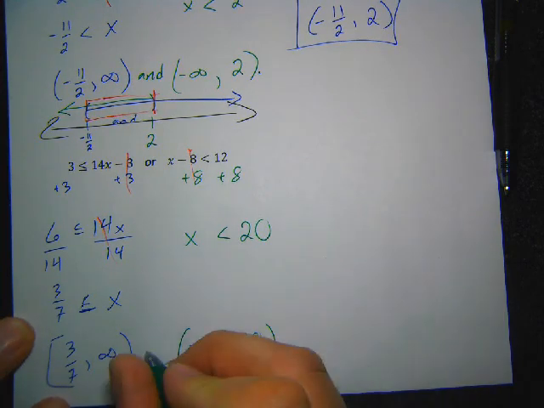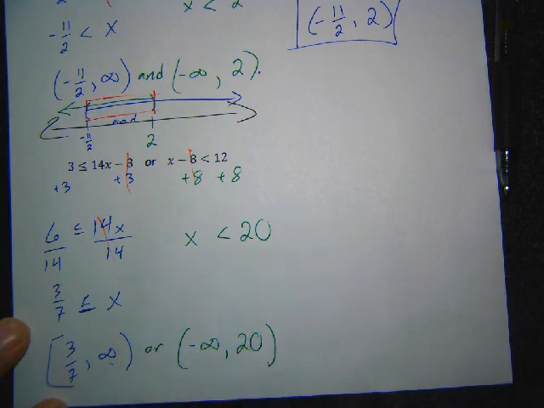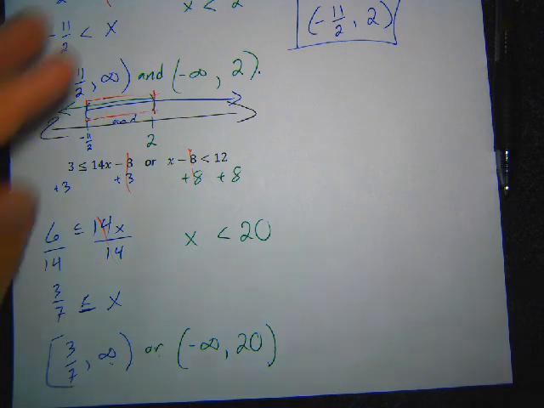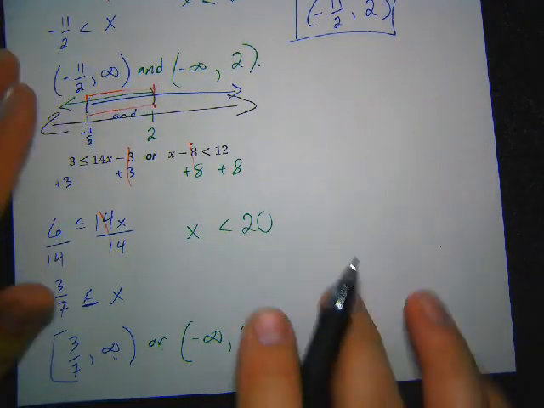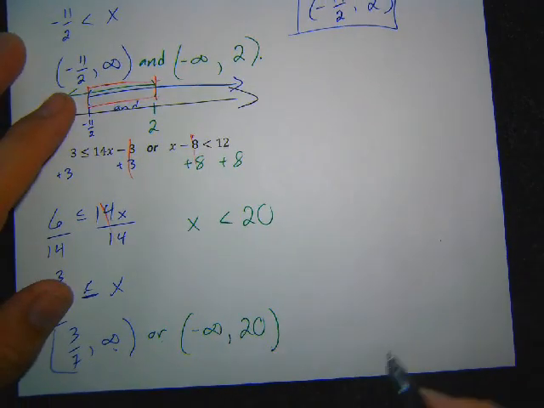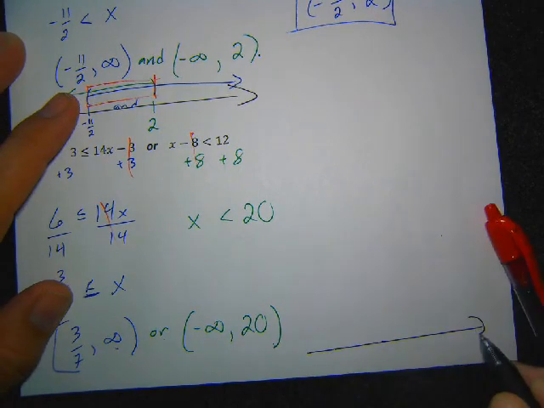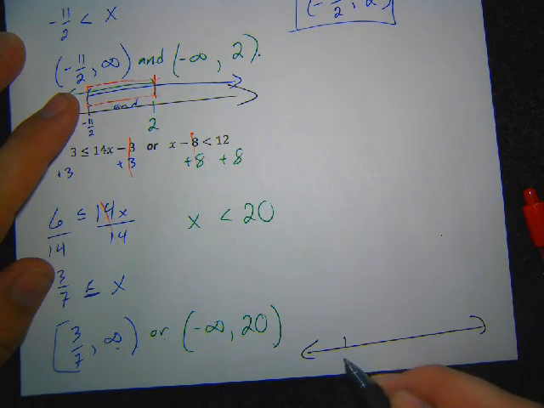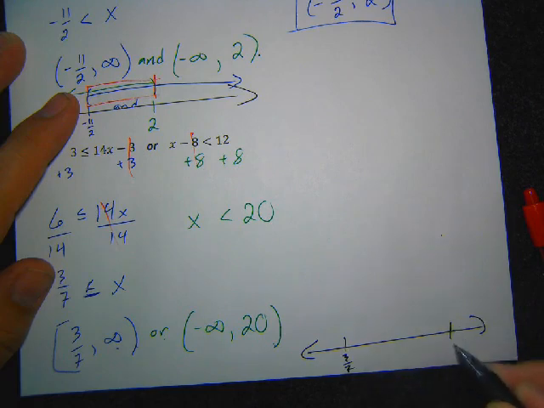And then or means that you could be in either set. So you can either be in the numbers that are bigger than 3/7, or you can be in the numbers that are smaller than 20. And either one works. So now if I write this on a number line, you can see how a number line helps you visualize what's happening here. You mark off 3/7 down here, and 20 is here.